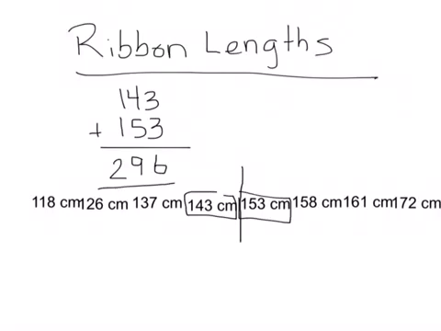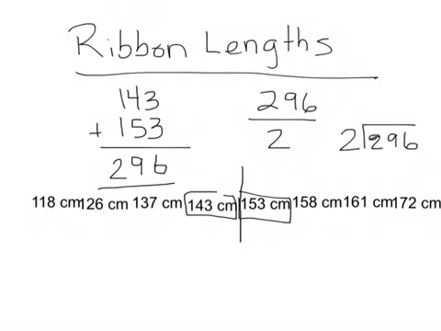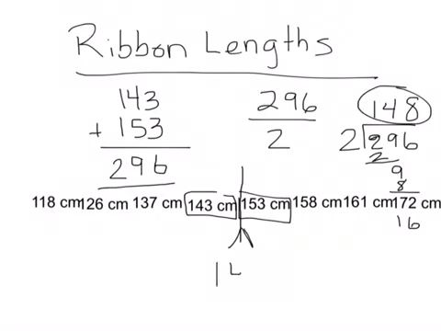So I'm going to divide it by 2. 2 divided by 2 is 1. Bring down my 9. 9 divided by 2 is 4. Bring down my 6. 16 divided by 2 is 8. So I know my average, my median, is 148.